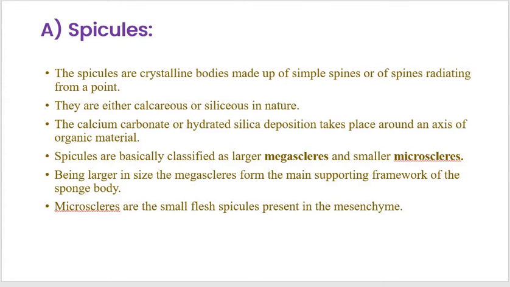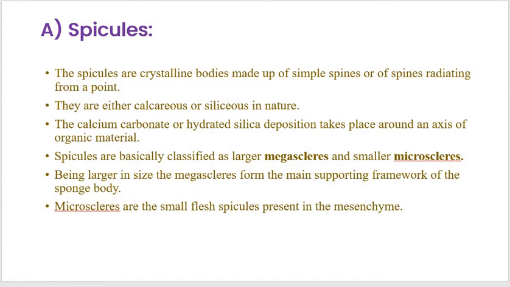Megascleres are larger and give the main mechanical support to the body of the sponge, whereas microscleres are small and present in the mesenchyme region.